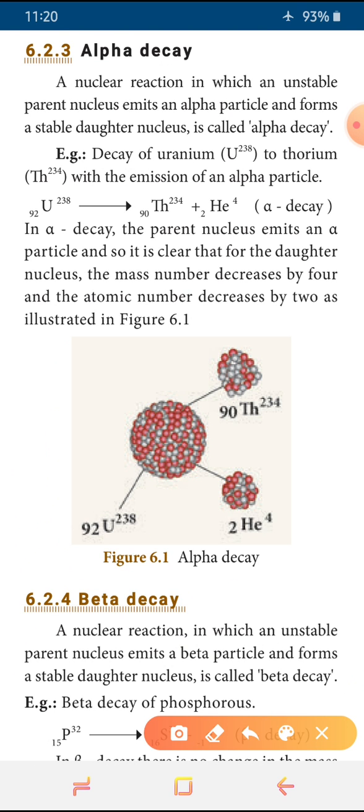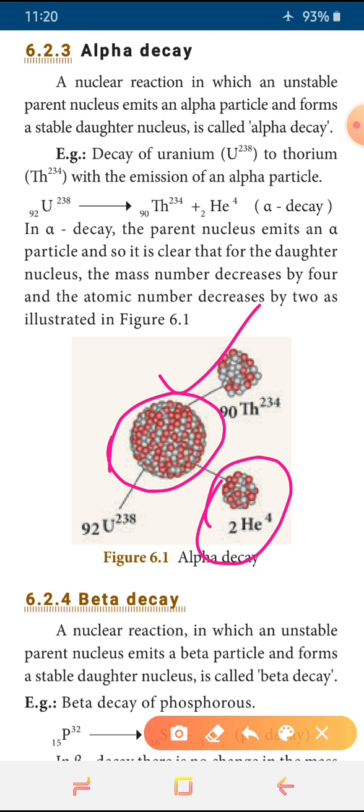In alpha decay, the parent nucleus here is uranium, which emits the alpha particle, and the daughter nucleus is thorium. The mass number and atomic number decrease by 4 and 2 respectively. It is illustrated in figure 6.1. Uranium, the parent nucleus, loses helium, which is a positively charged alpha particle.